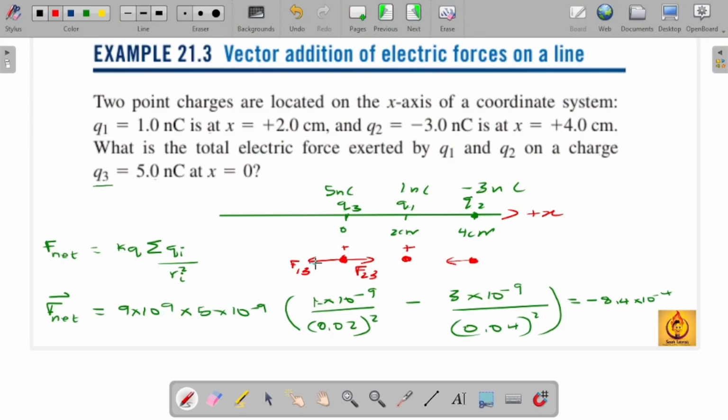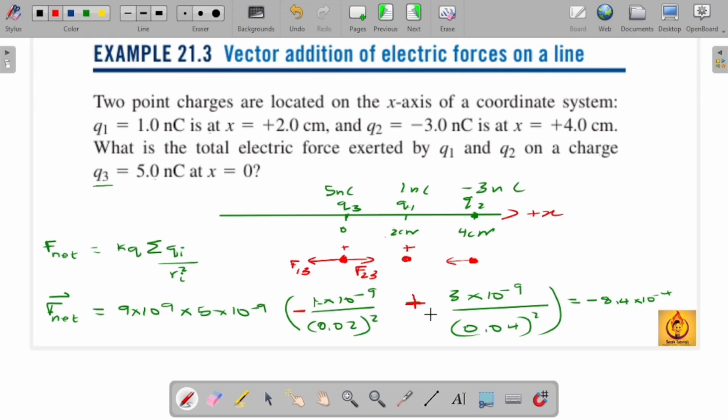Do you guys see that? The force due to 1 nanocoulomb has to be towards the left. So we are going to have to put a negative here and a positive here. That's the error that we almost made. Maybe that's why we have this value.